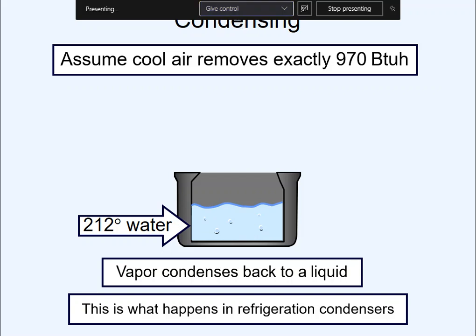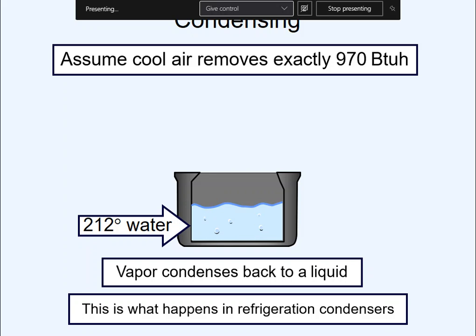Let's assume cool air removes exactly 970 BTUs, which is what it takes to condense all that water back down. At that point you have exactly 212-degree water, but none of it is boiling. It's just at the point of heading the other direction, right? All the vapor's gone, and now you went from a latent change, and you're getting ready to go back down that slide, to a sensible change, which is measurable with a thermometer.